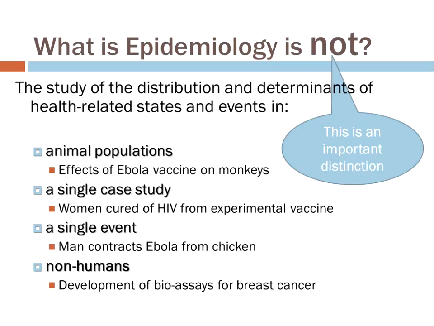So what epidemiology is not, and I think this is important to understand the difference. Epidemiology is what is upon humans. So it's not toxicological studies. If it's dealing with animals, we're not looking at epidemiology. So for example, the effects of an Ebola vaccine on monkeys, whether this vaccine prevents the disease in monkeys, that would not be epidemiology.